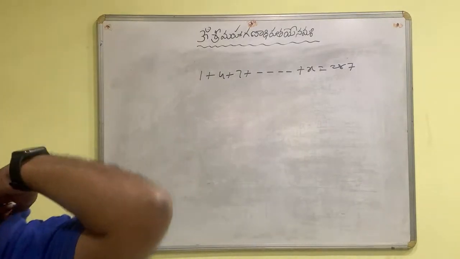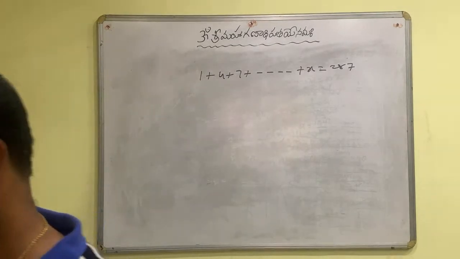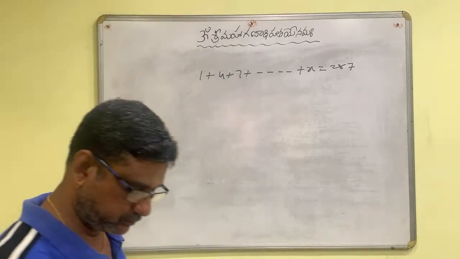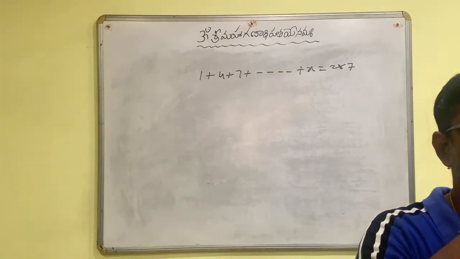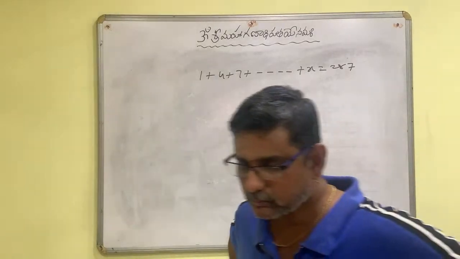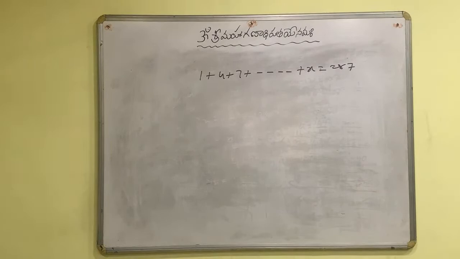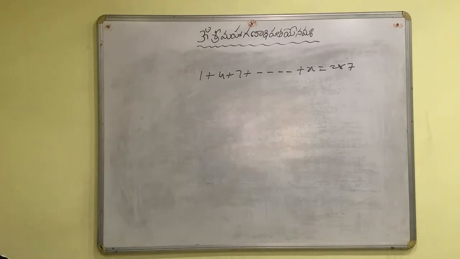What is x, children? 1 plus 4 plus 7 plus so on plus x is 287. What is x?